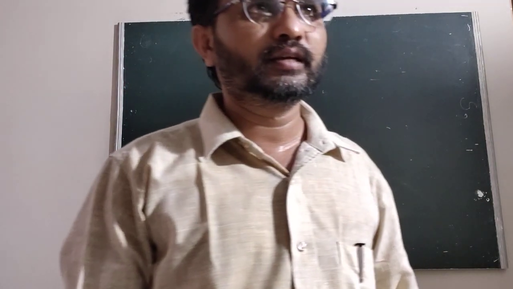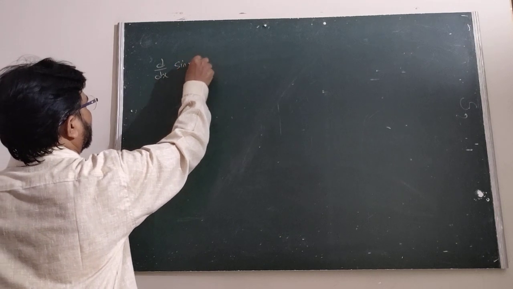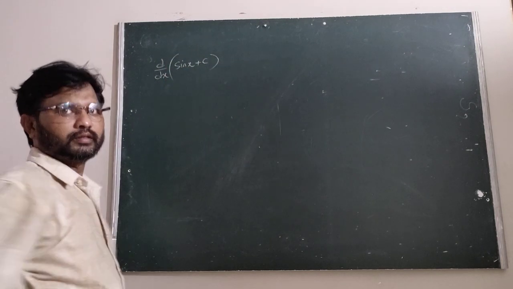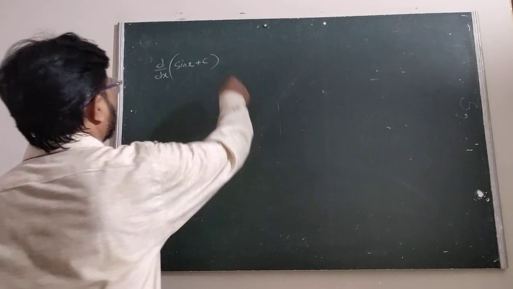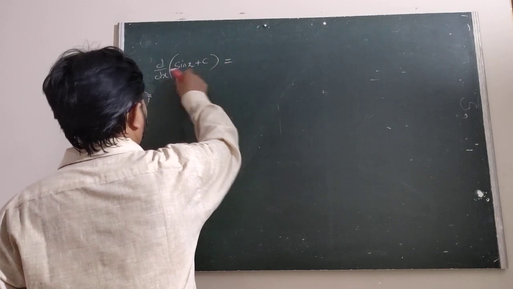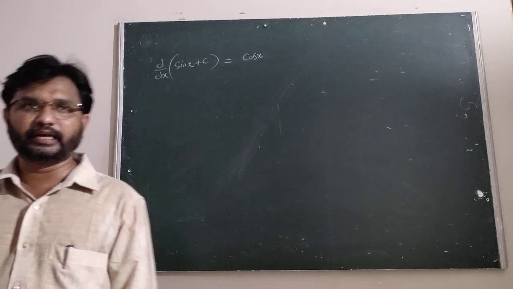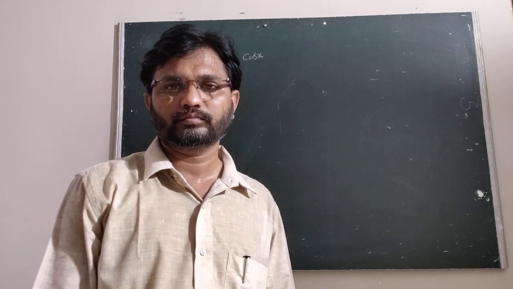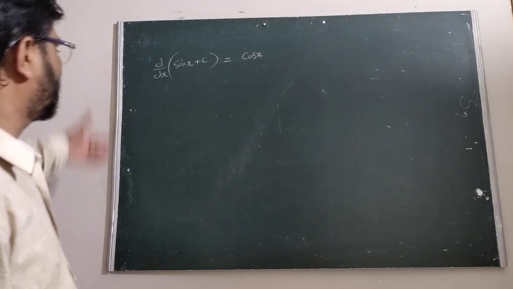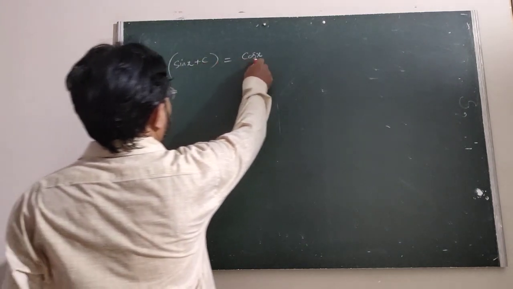We know that d by dx of sin x plus c, the derivative of sin x is cos x. Is it clear? Now we know that d by dx of sin x is cos x. The derivative of a constant is 0.